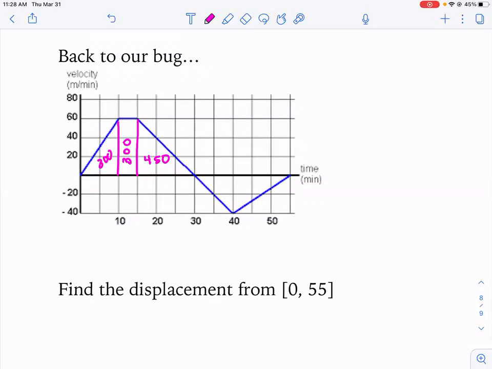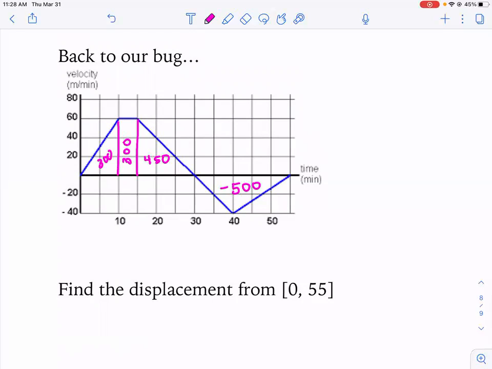Is that accurate? How about this triangle right here? We have 5, 10, 15, 20, 25 times negative 40 divided by 2. That's negative 500.